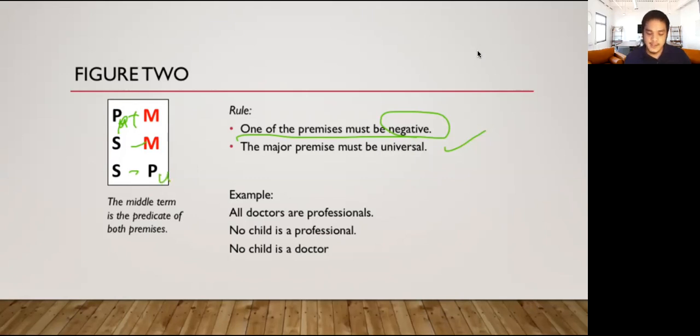And if your major premise is particular and you did not follow the second rule, which is universal, then this is a fallacy of illicit major term. So in order to avoid this, we need to make our major premise universal.